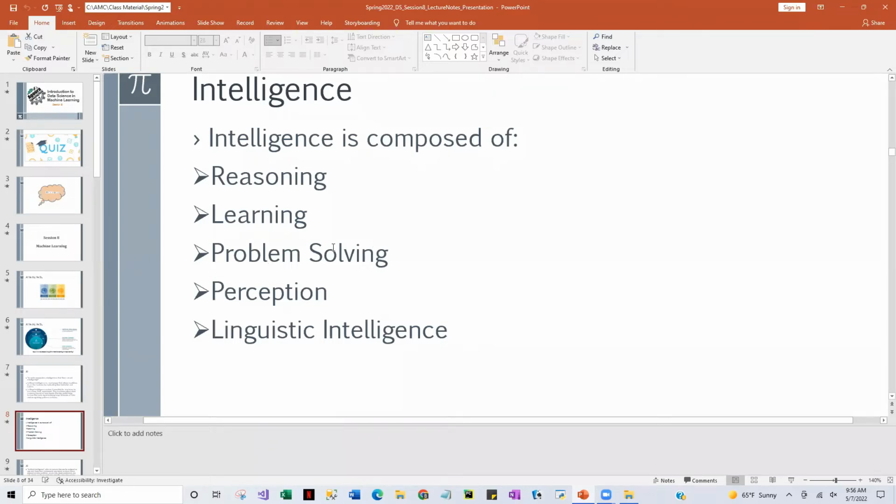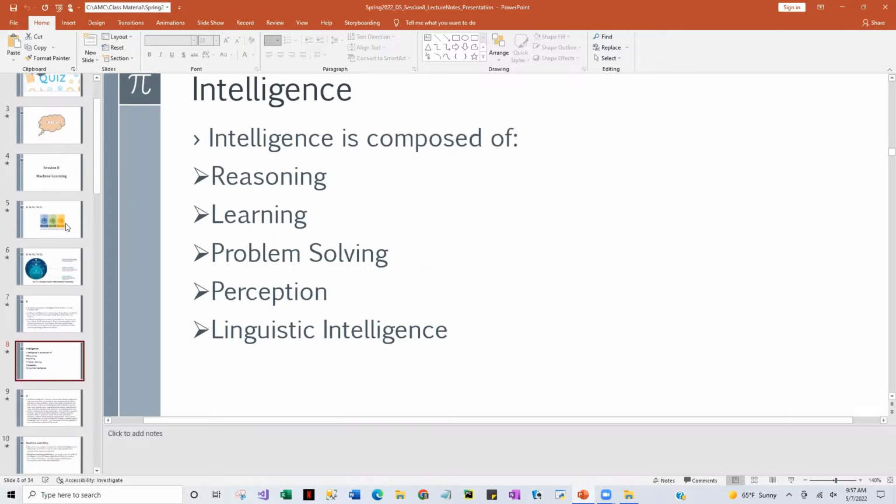We are trying to give all these to the machines, and that's why AI is not only part of your coding or programming. You need to apply concepts from psychology and from linguistics, because all these help the program or code run better.